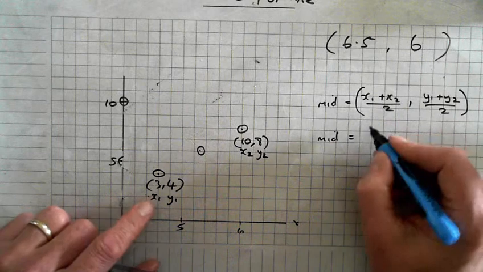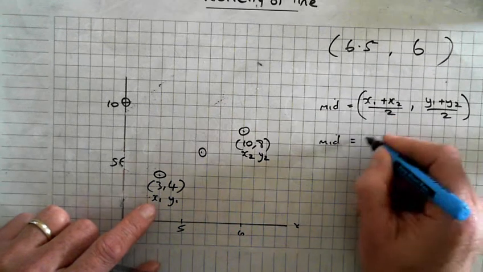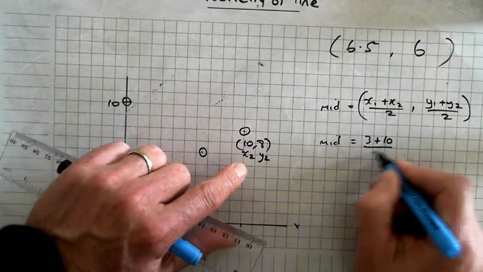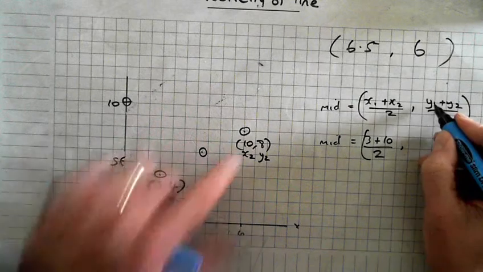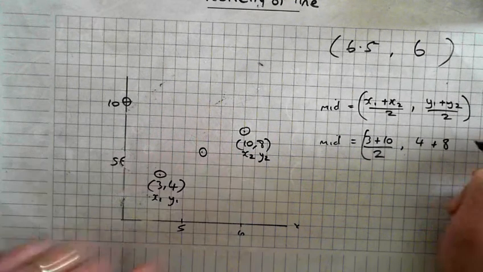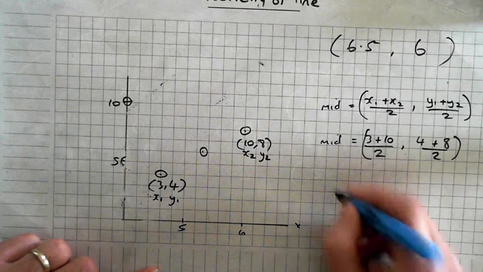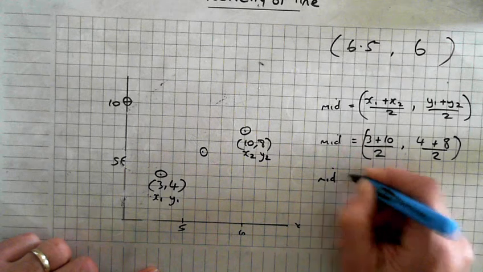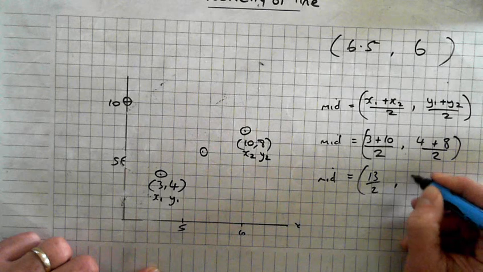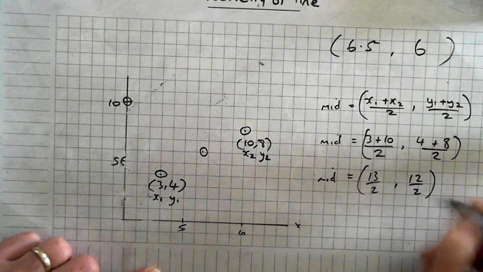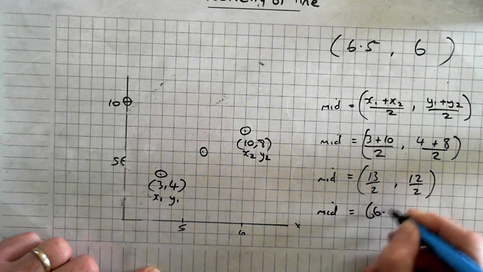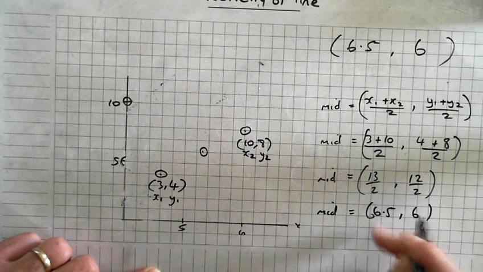So x1 is 3 plus x2, 10 over 2. y1 is 4 plus y2, 8 over 2. So 13 over 2 and 12 over 2. So that is 6.5 and that is 6.